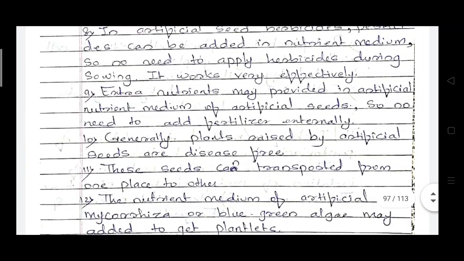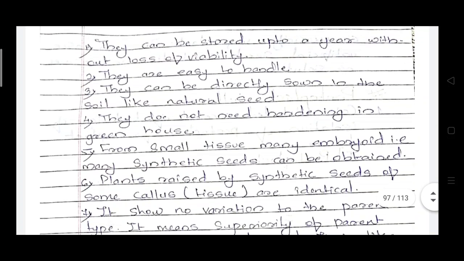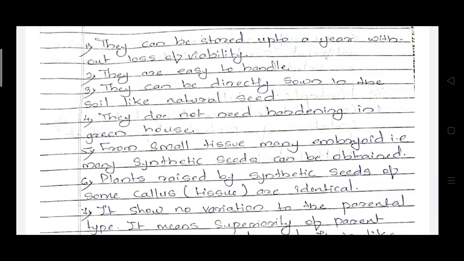In such cases, artificial seed production is the answer or solution. So, with these different aspects of synthetic seeds, we can use these artificial seeds commercially. For one thing, they remain viable for many years, then they are easy to handle, and they can be directly sown in the soil like natural seeds. There is no need for hardening.